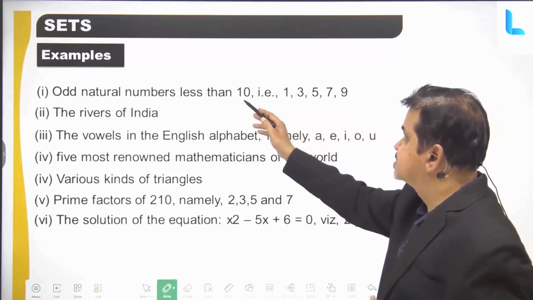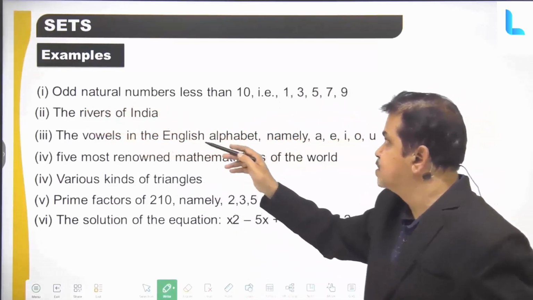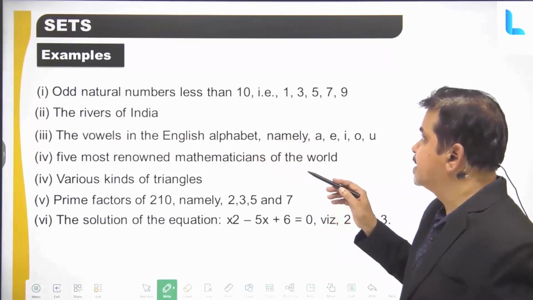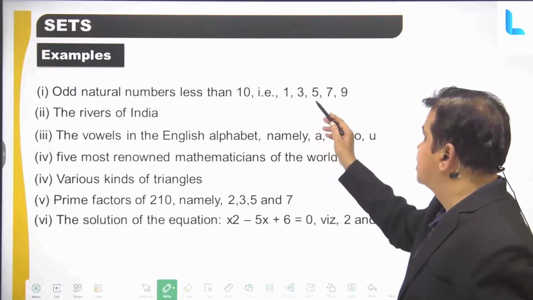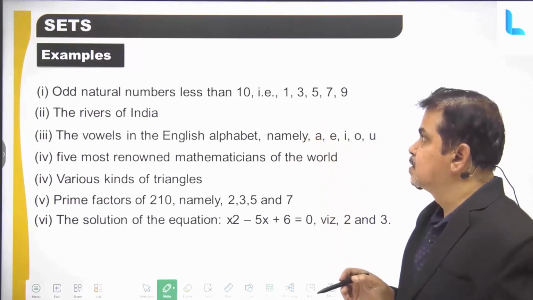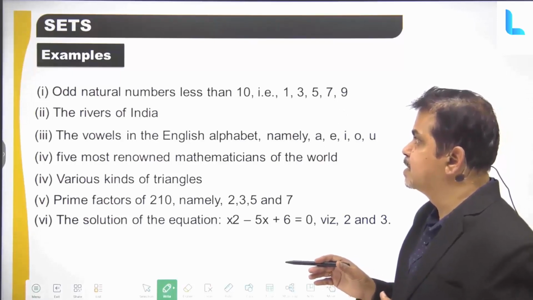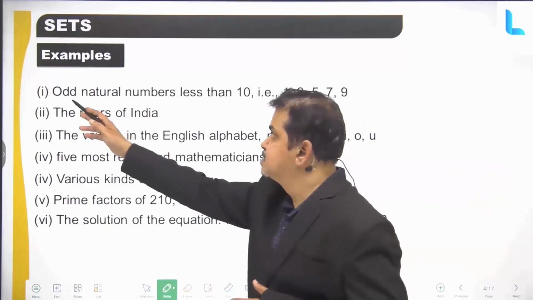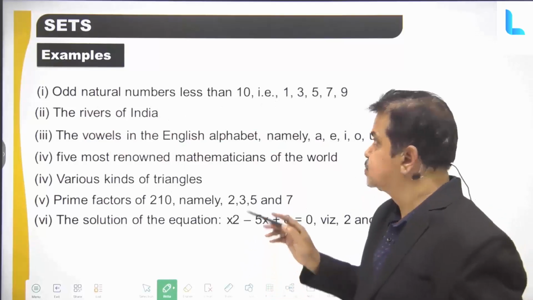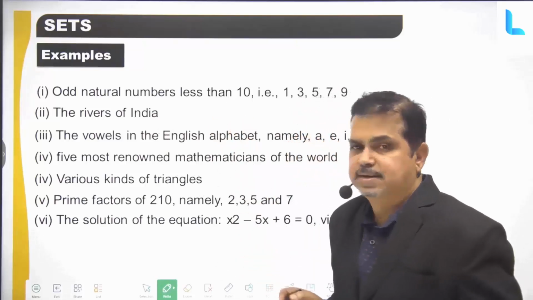This is an example of a set which has a boundary or limit, given by its group as odd natural numbers less than 10. This collection of numbers belonging to this category forms a set.